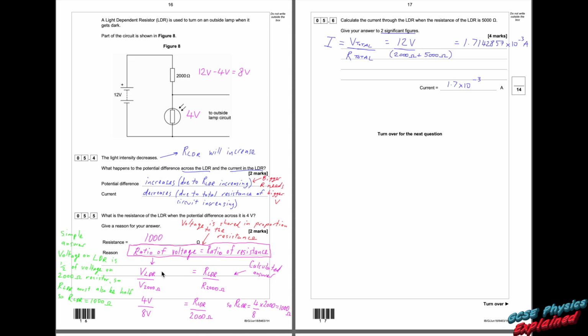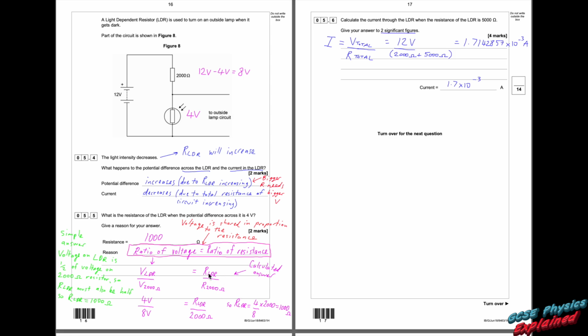Now, if you want to know the mathematics behind it, that's the ratio of the voltages. So I'll put the voltage of the LDR on the top and the voltage of the 2000 ohm resistor on the bottom. And that's going to equal the ratio of the resistances. So put the resistance of the LDR on the top, just like that was on the top before, the LDR. And now the resistance of the 2000 ohms on the bottom.